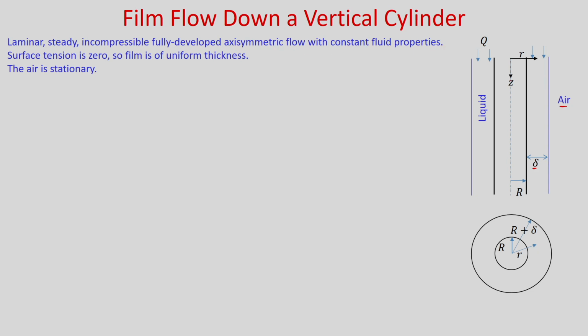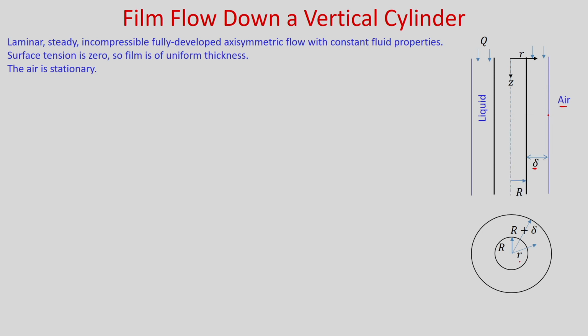So, as it is axisymmetric flow, you know that the circumferential direction velocity is 0 and the gradient in that direction of any parameter is 0. We are assuming surface tension is 0. So, the film has the uniform thickness delta, and the air is stationary such that the shear stress is 0 at the interface.